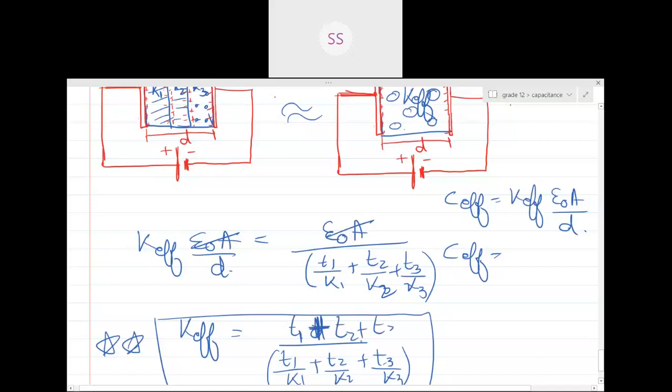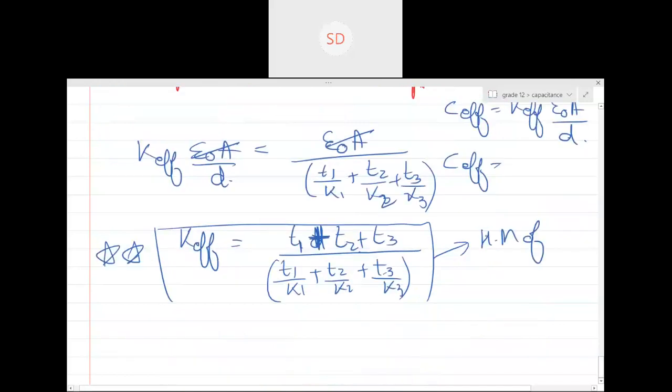Did you understand? So see, this formula is basically, if you remember, guys, harmonic mean. Do you remember harmonic mean? No, this is not a harmonic mean. If they would be equal, then it would have been a harmonic mean, right? Yes or no?